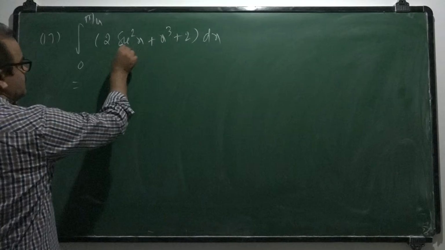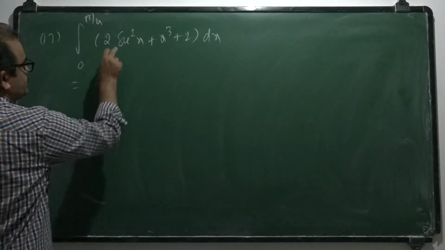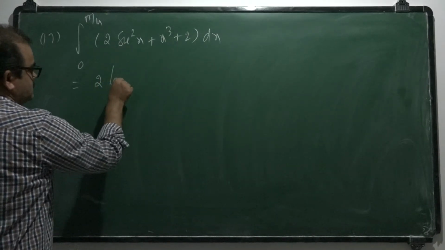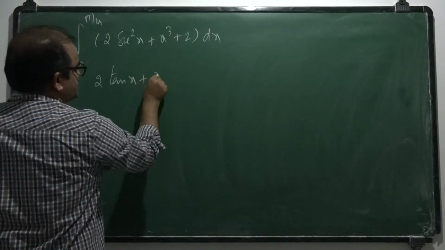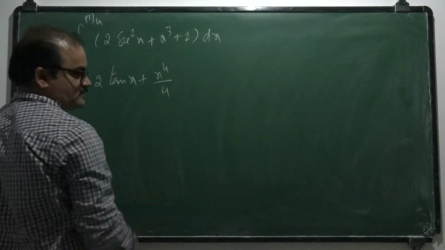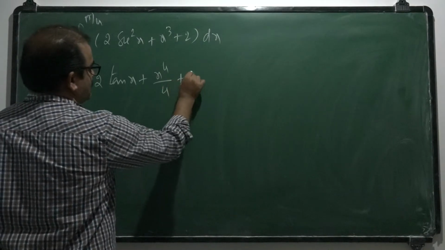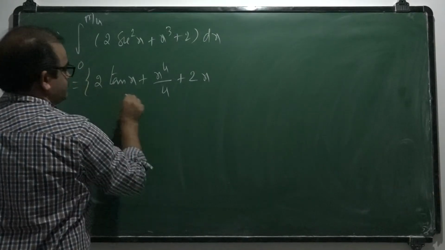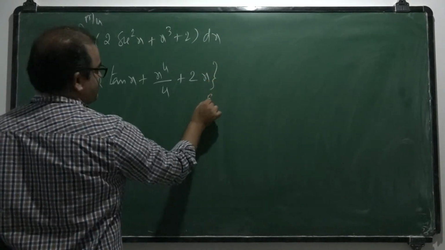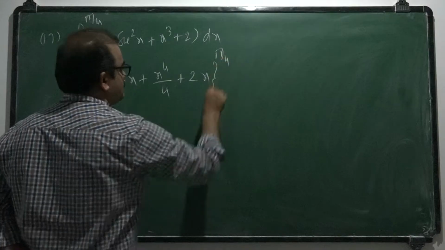See, the integral of this: 2 into integral of secant square x is 2 tan x, plus integral x cube is x power 4 by 4, plus 2 into integral 1 dx, that is x. This is in between the limits 0 to pi by 4.